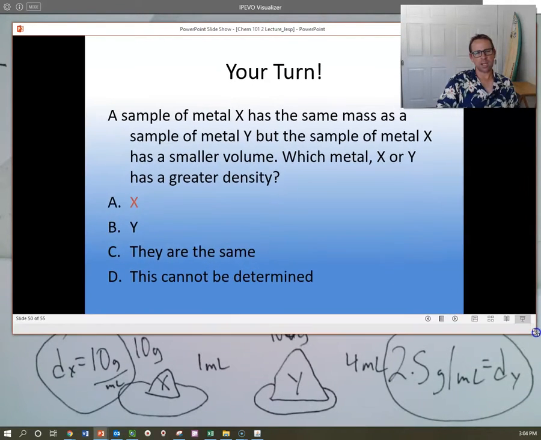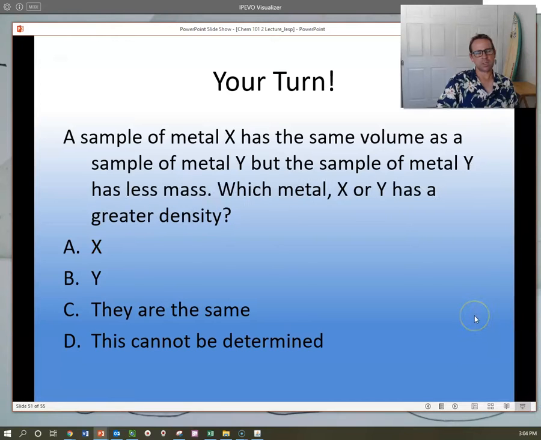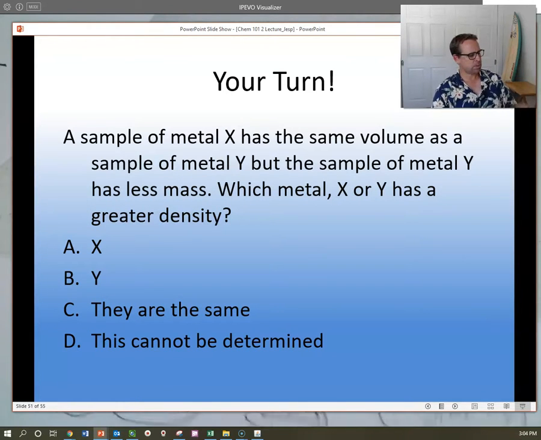Here's one. It looks like it's exactly the same, but this next one is a different question. Can you tell the difference between this question? What is this question asking? Okay. Let's see. X has the same volume as Y, but the sample Y has less mass.